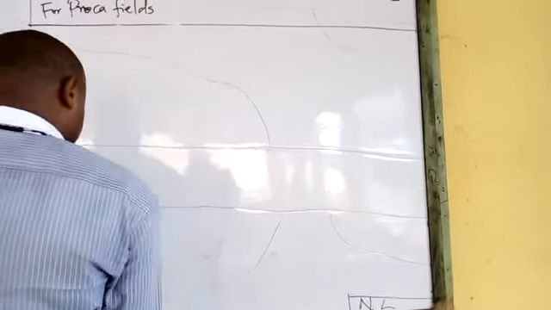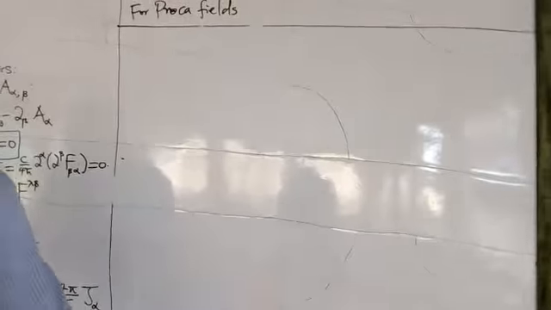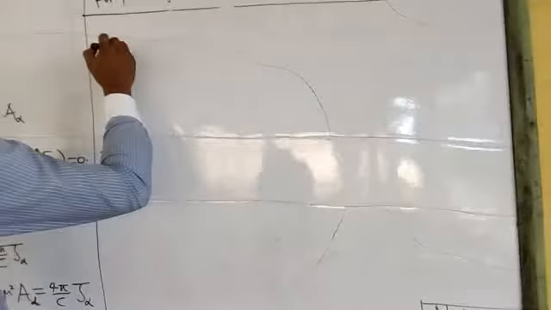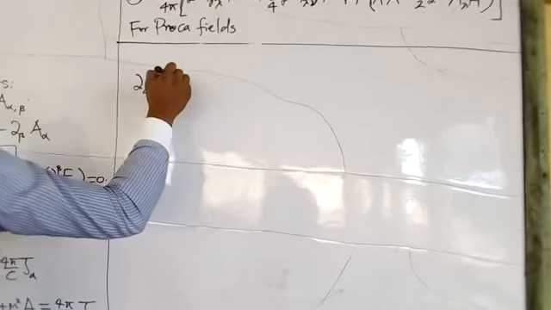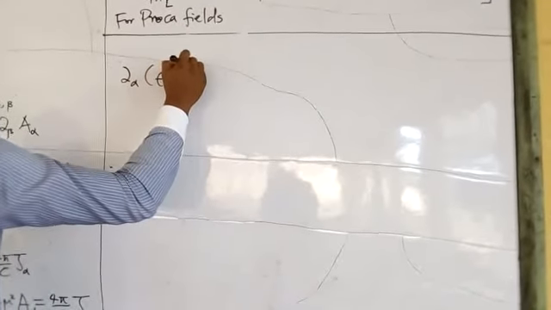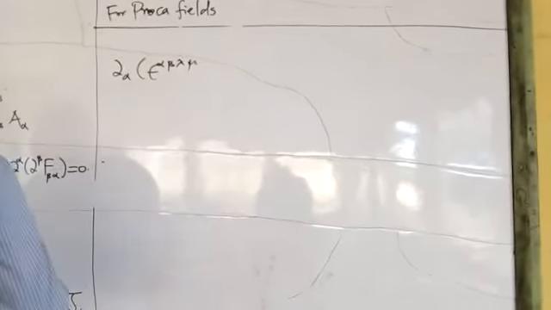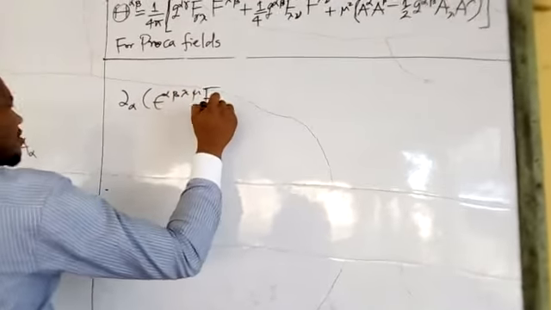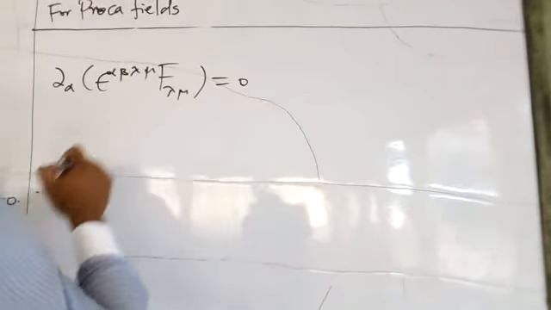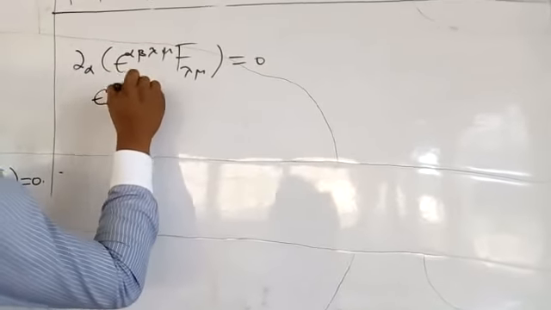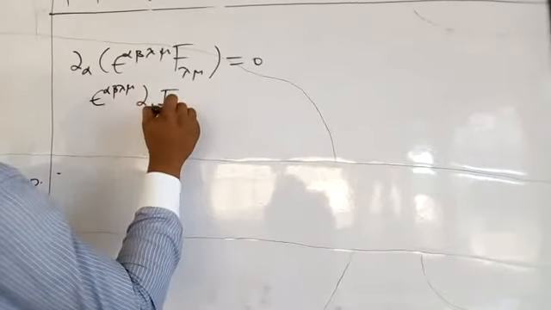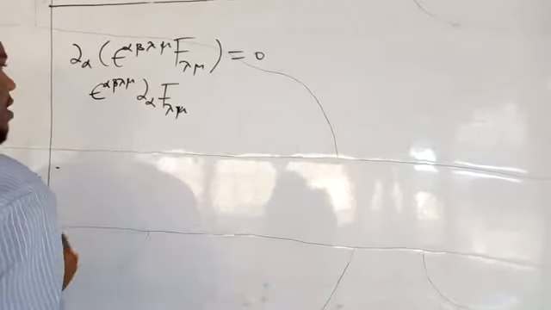We've had a situation whereby if we were to write, I might as well forget about, so I'll simply say alpha here, epsilon alpha beta lambda mu, where this is a totally antisymmetric tensor, being equal to 0. Or maybe I can say epsilon alpha beta lambda mu, ∂_alpha F_lambda mu.